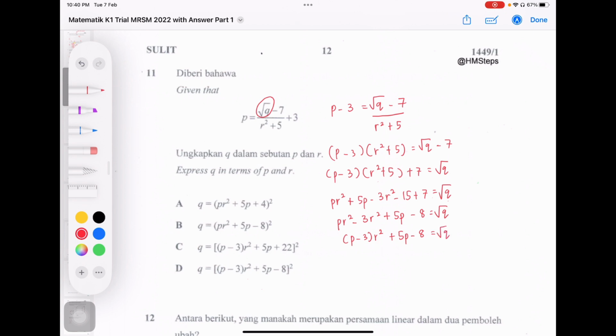Now square root q, you only want q, you don't want square root of q. So square root, you move to the left, it becomes square. The answer is D.